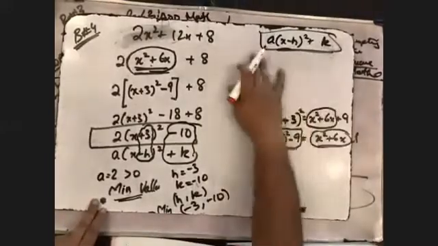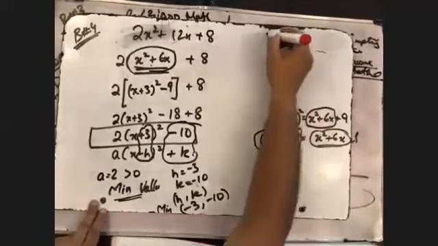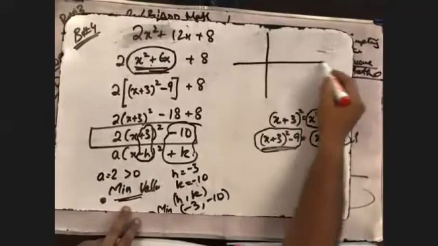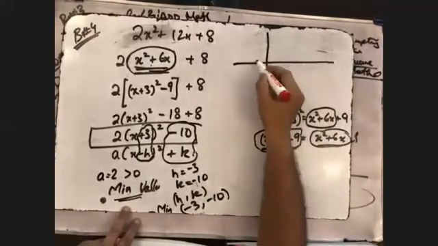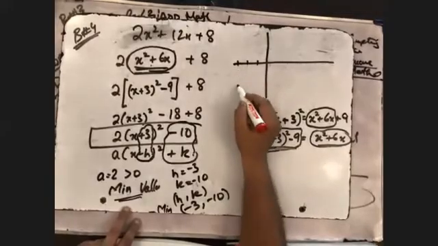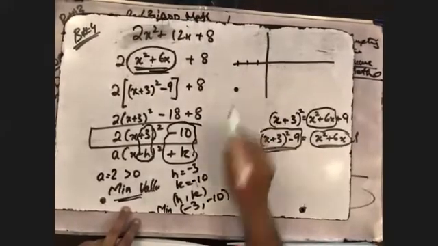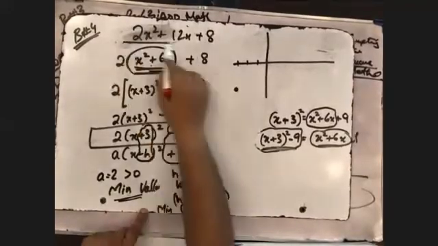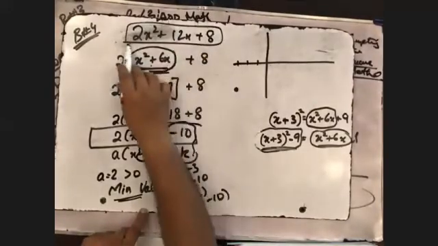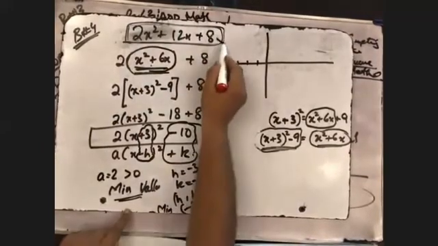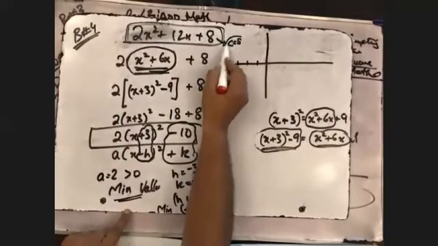So I go here on the side and I plot this graph. Minus 1, minus 2, minus 3. Minus 3 comma minus 10 is this point. The original was this, in which c turns out to be 8.